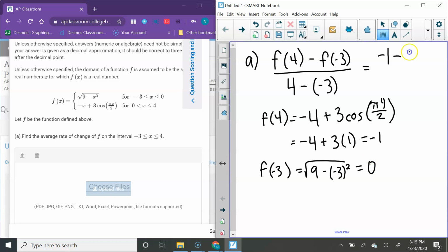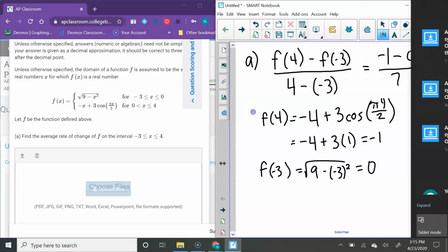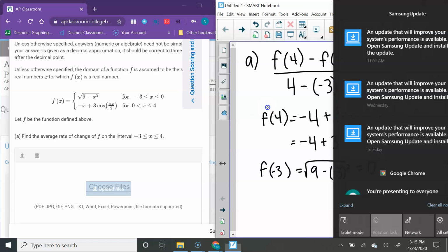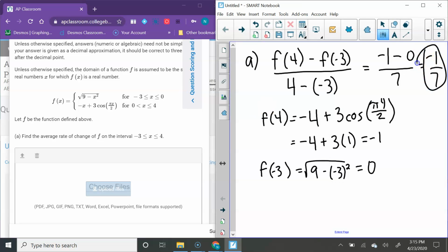So we get -1 minus 0 over 7. So we get -1 over 7 for our average rate of change for this problem. I'm going to circle that since it's kind of in an odd spot there. So average rate of change is just the slope through the endpoints, is what you're looking for there.